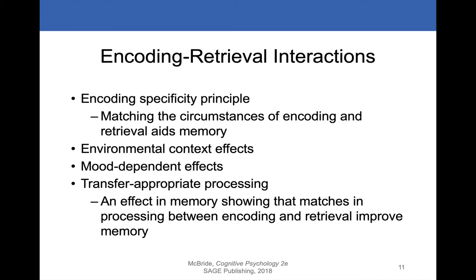So if you're really concerned about improving your memory retrieval at some future task, during study you want to keep the conditions, your mood, the environment, as equal as possible to the future mood and environment you'll have when you're being tested. In that way, you can maximize long-term memory retrieval.